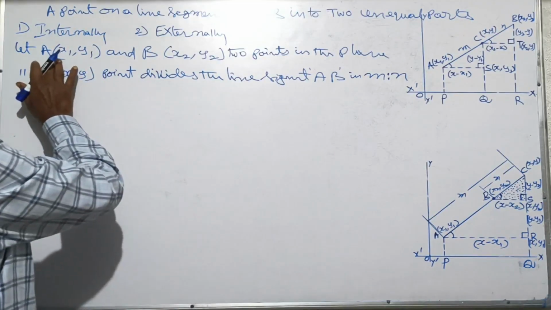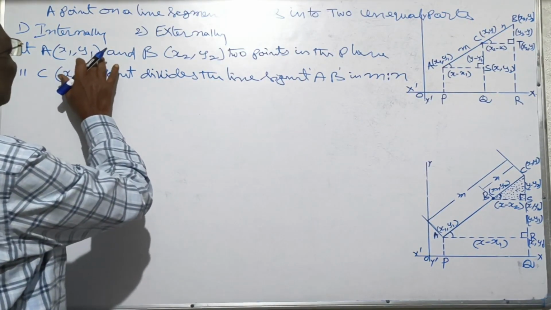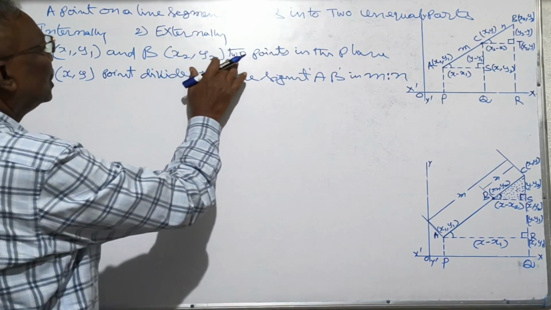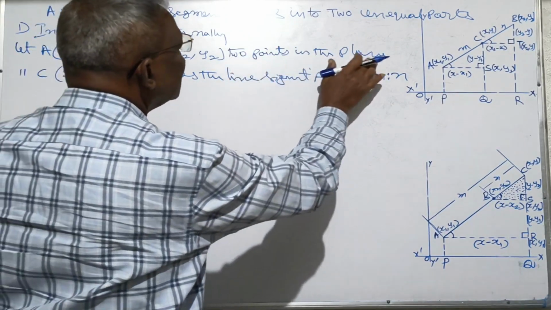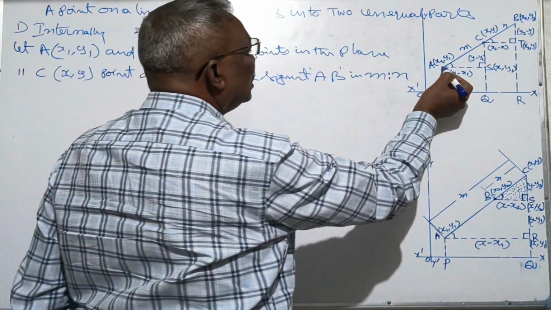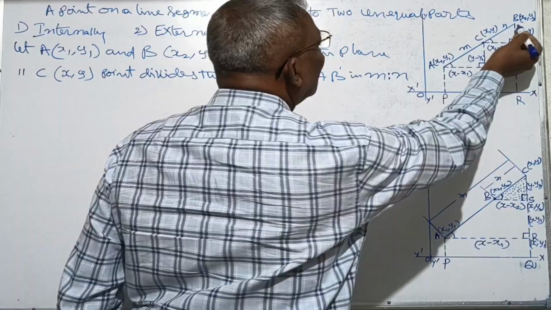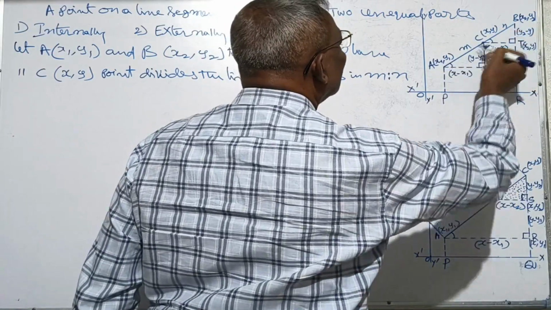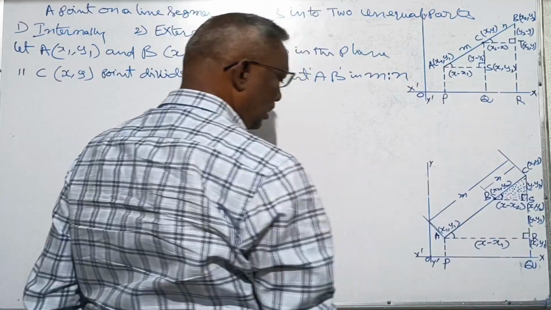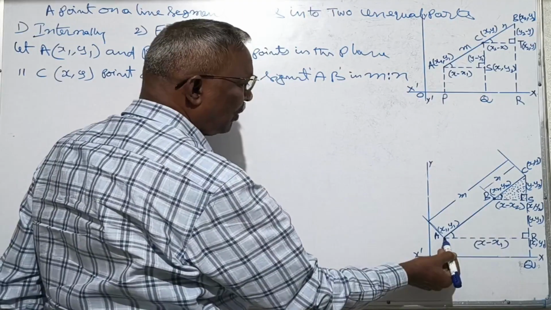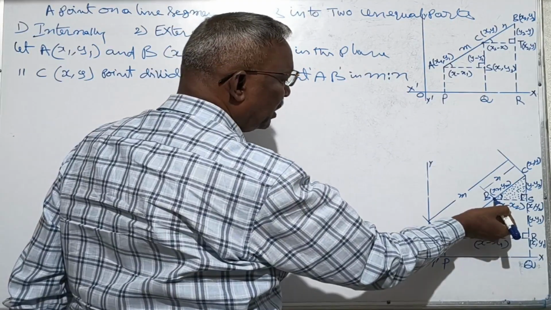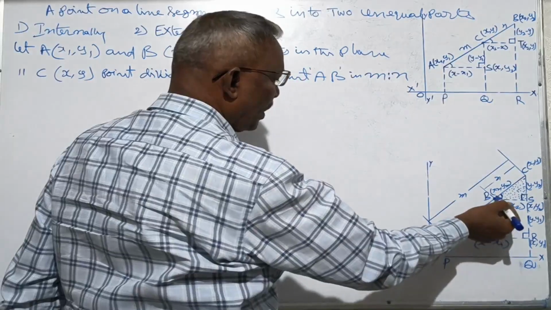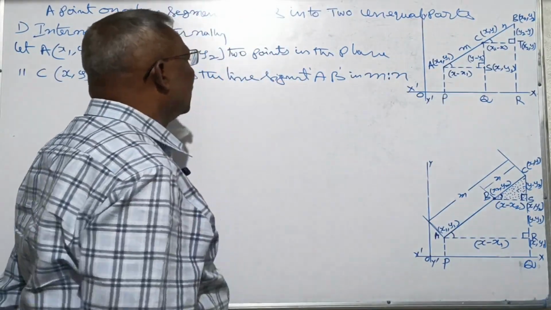Let A(x1, y1) and B(x2, y2) be two points in the plane.